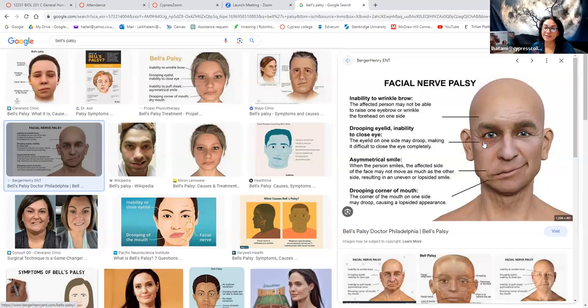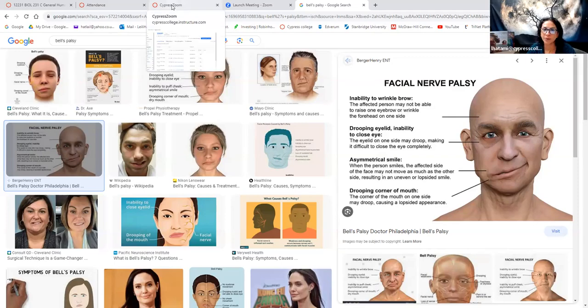For example, if their left facial nerve has been damaged, they're going to lose the left side facial expression muscles. So they have a drooping eyelid, inability to wrinkle the brow, an asymmetrical smile, or a drooping corner of the mouth, which is all about facial nerve palsy, which mostly happens on one side.